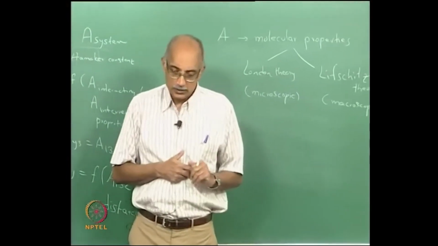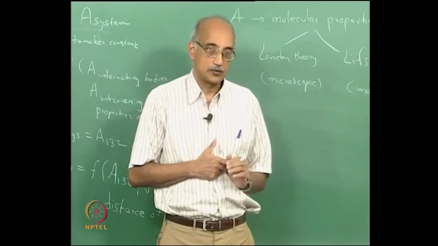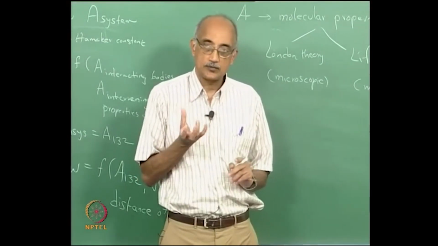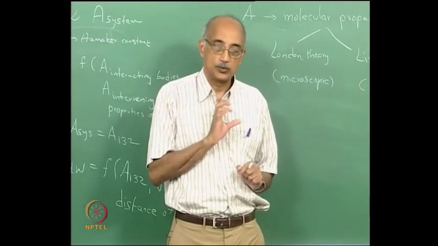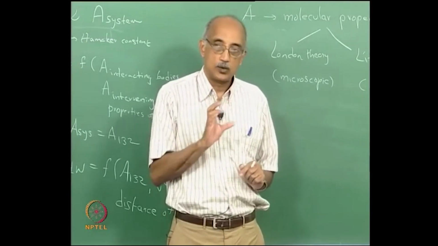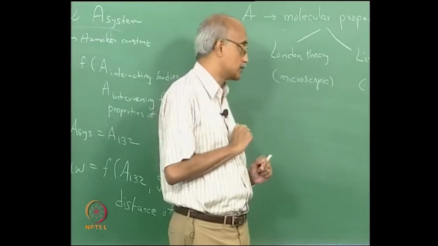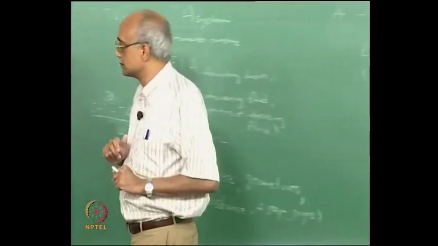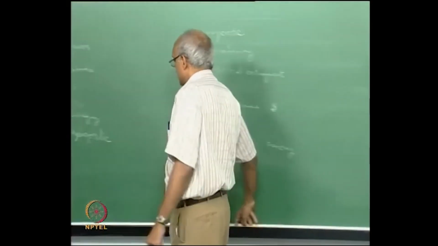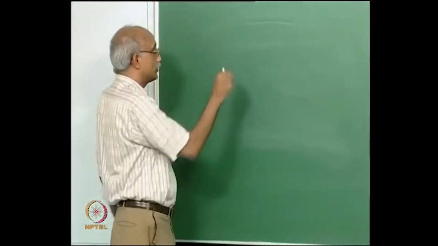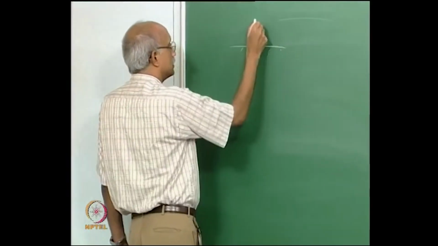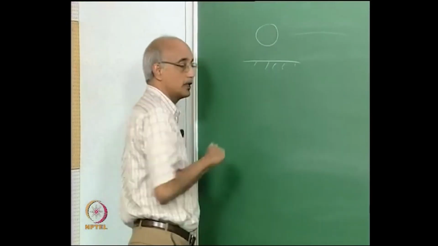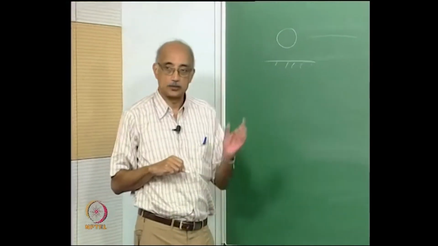So let's look at some examples of how the geometries of the bodies as well as the properties of the intervening fluid play a role in determining the van der Waals forces of adhesion. The first case we will look at is a surface and a spherical particle that's close to it.